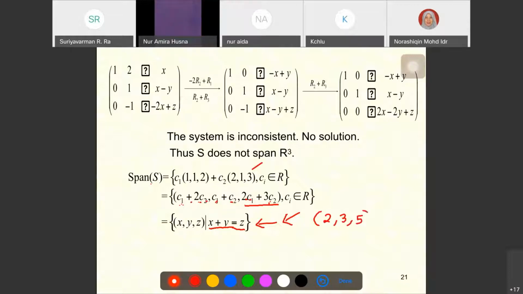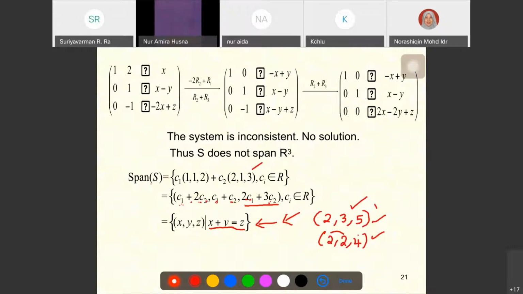So this is one more. What about 2, 2, 4? Yes, can, because X plus Y equals Z. Okay, doctor. These are all the vectors that are in span of S.